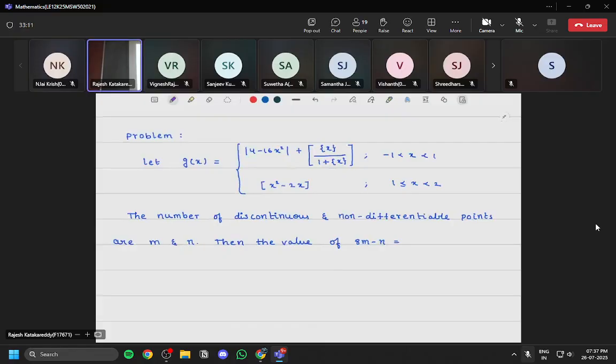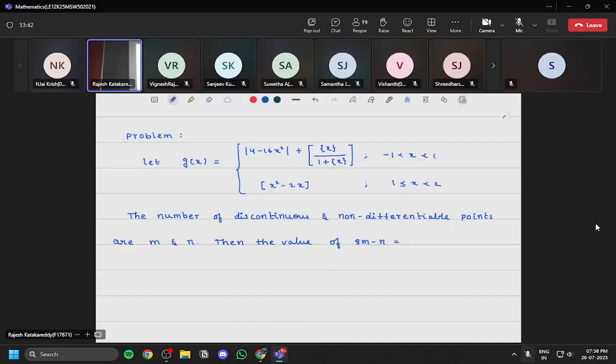Especially in one part, the second one is the greatest integer function, fractional part divided by one plus fractional part. Super. Who told that? Who can explain?